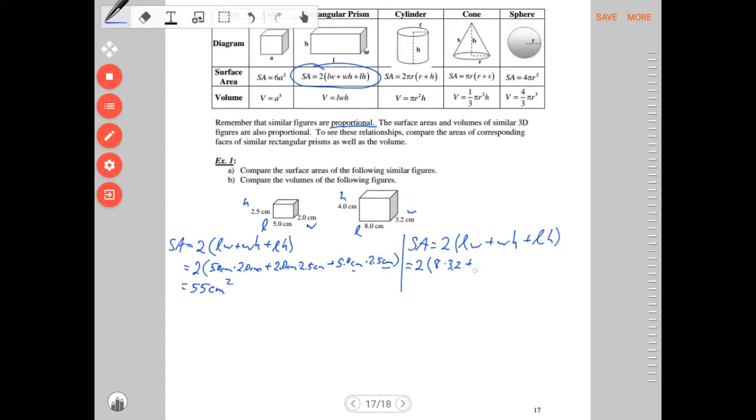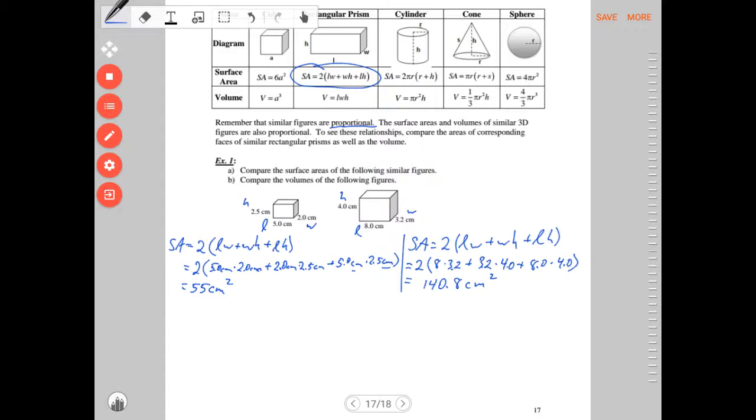The width is 3.2 times the height, 4.0, plus the length 8.0 times the height, which is 4.0. Just enough space. When we multiply all that together, you end up with 140.8 centimeters squared.